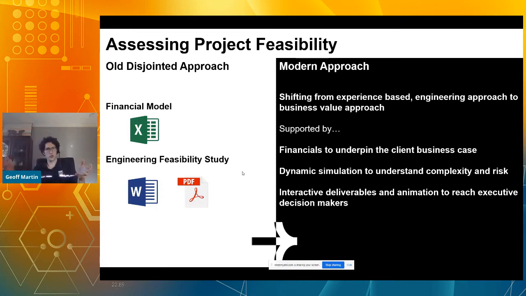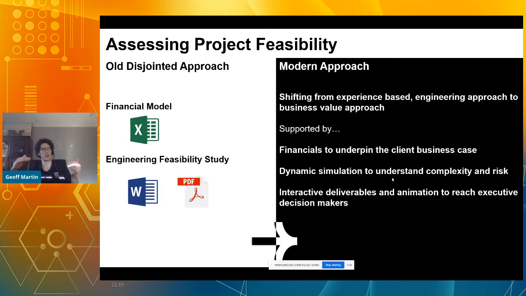So our approach was to combine the financials and the engineering into one model, so we can really link the engineering design scenarios directly to the business value. One way we do that is using AnyLogic. We use dynamic simulation, so we can actually capture the complexity and risk. It's not just a static Excel model.